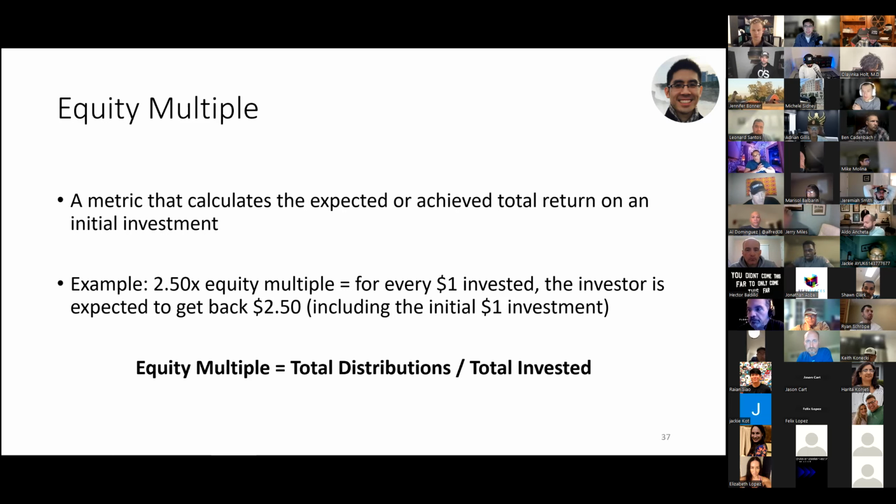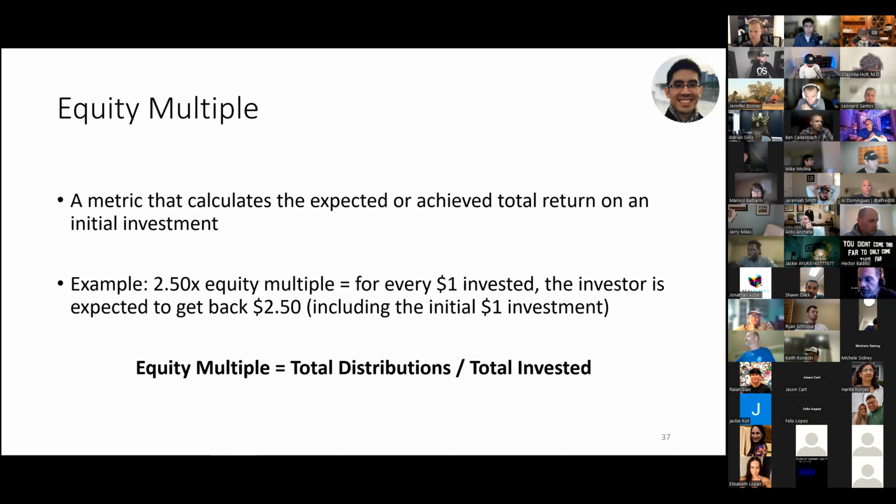That's a good point, because if it's just a syndication, you have a GP and LP, you have a split. Let's say there are no preferred returns, you have all the cash flows and then all of the returns on sale, or any proceeds from a refi, and you have that split.